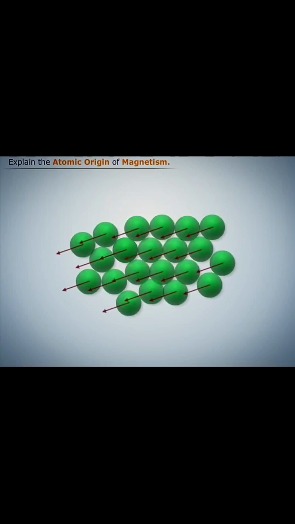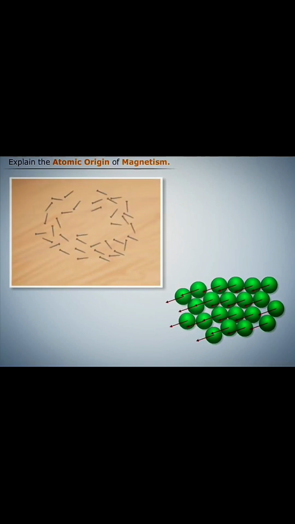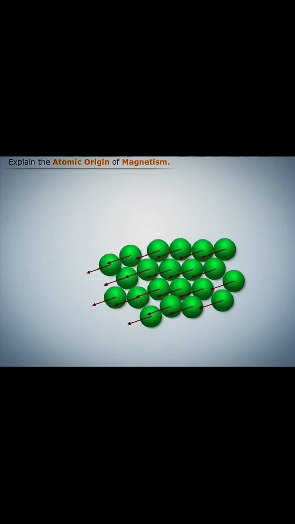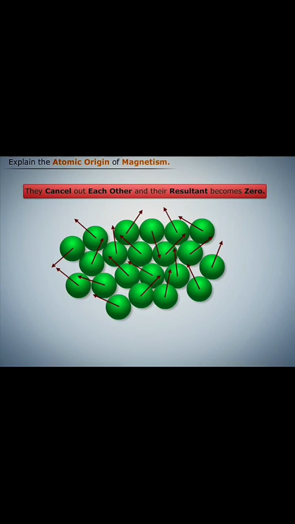Now, if all the magnetic moments induced in the material are in the same direction, then the material behaves like a magnet without any application of an external magnetic field. But if all the magnetic moments induced in the material are in different directions, then they cancel out each other and their resultant becomes zero.